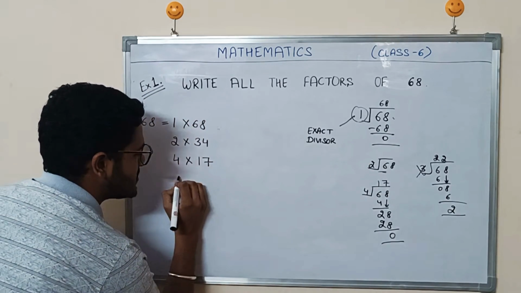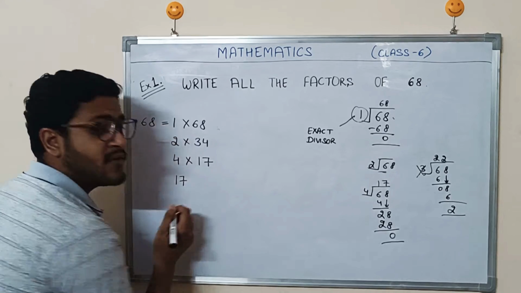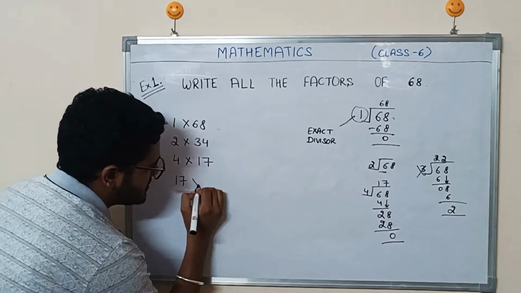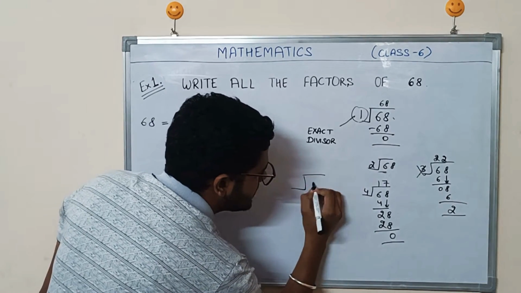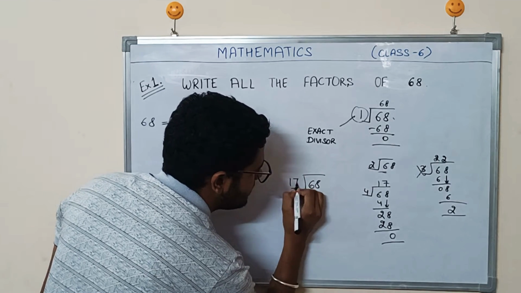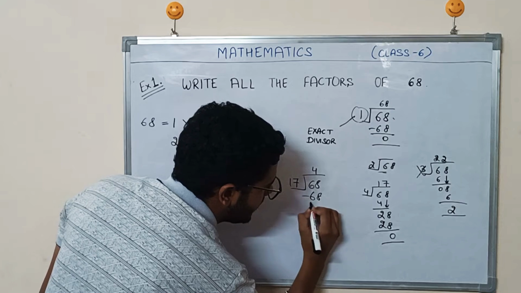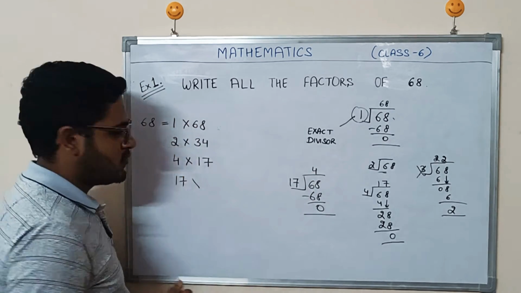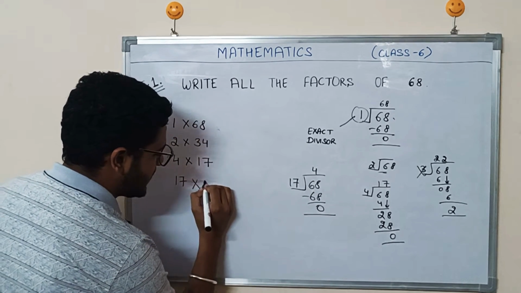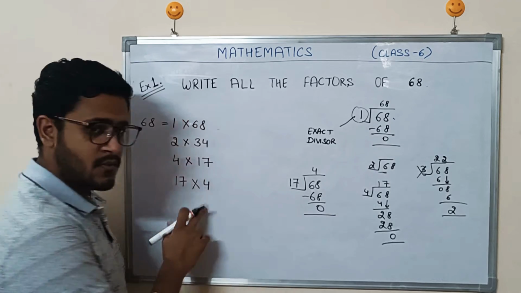So what else? The next perfect divisor is 17. When we divide 68 by 17, 17 fours are 68, and the remainder is 0. So the next factor is 17 into 4, right?